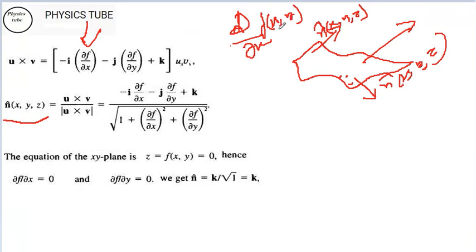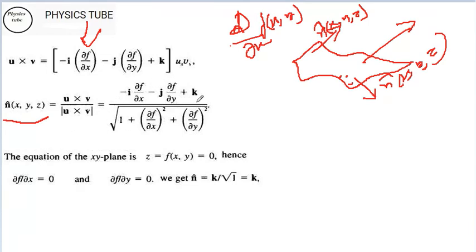In case x is dependent on y and y is dependent on x, you go for the product form of differentiation. You differentiate both, or if one of them is constant for the other, then also you have your option. So you are making a more general structure by taking this equation. And ultimately you find the unit vector.